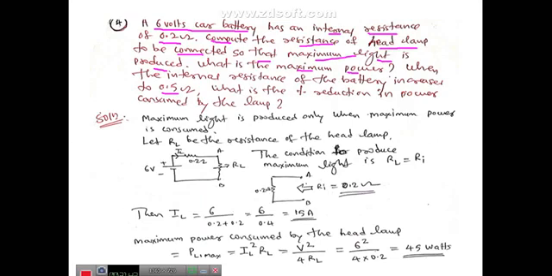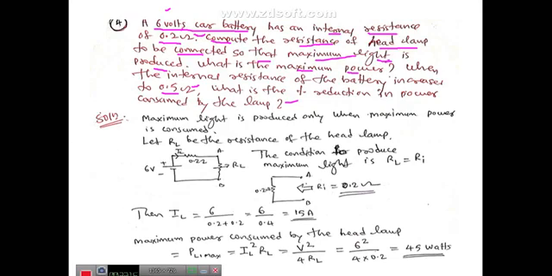And when the internal resistance of the battery increases to 0.5 ohm, initially the battery has 0.2 ohm, now if the resistance is increased to 0.5 ohm, what is the reduction in the power consumed by the lamp? Also find the resistance as well as the maximum power consumed by the load.